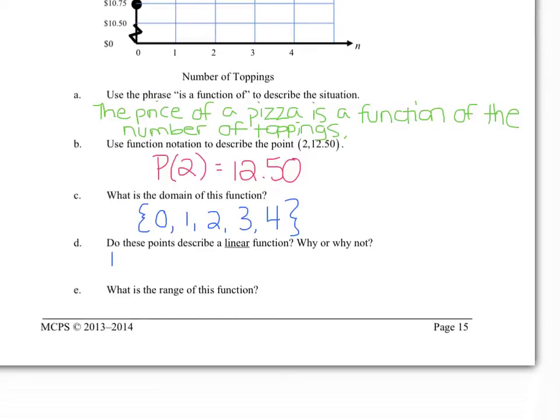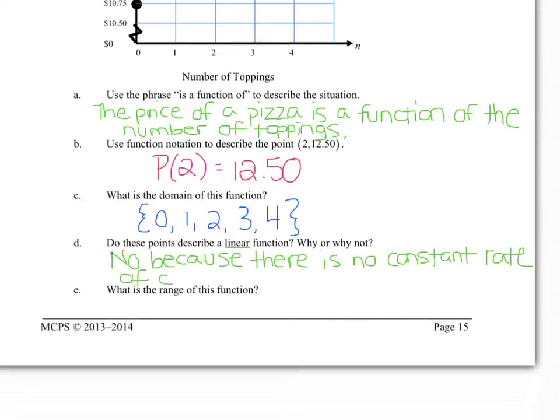I'm going to say no, because, if you remember when we talked about linear, there is no constant rate of change. Remember, constant rate of change is what tells us if something is linear.